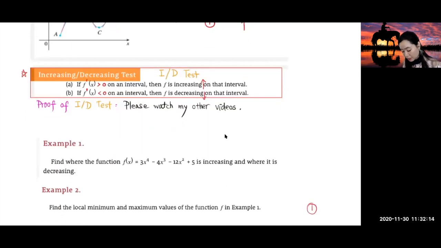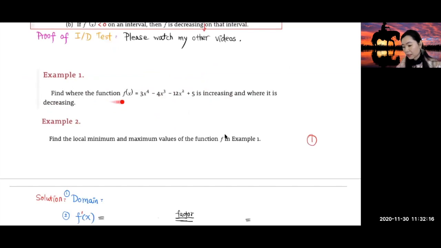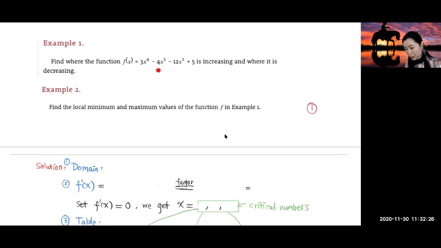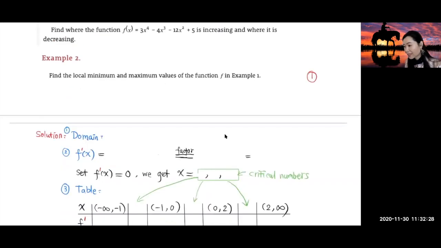Now let's look at this example. Let's try to find where this function is increasing and where it is decreasing. We have a polynomial function, number one. I outline the steps here for you. Let's find the domain for this function first.